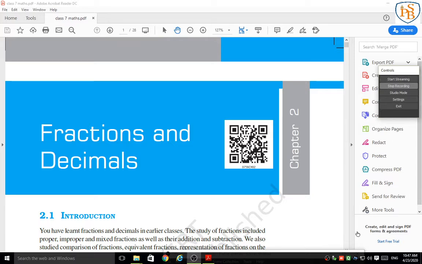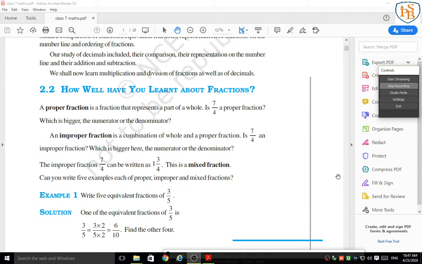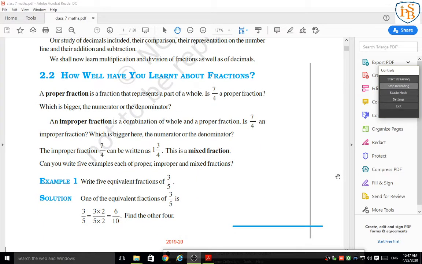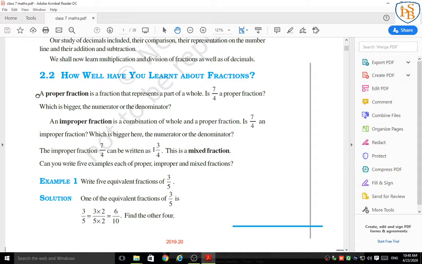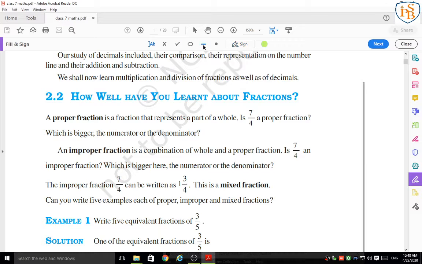Look here carefully. How well have you learnt about fractions? A proper fraction is that fraction which represents a part of a whole. Look here carefully.